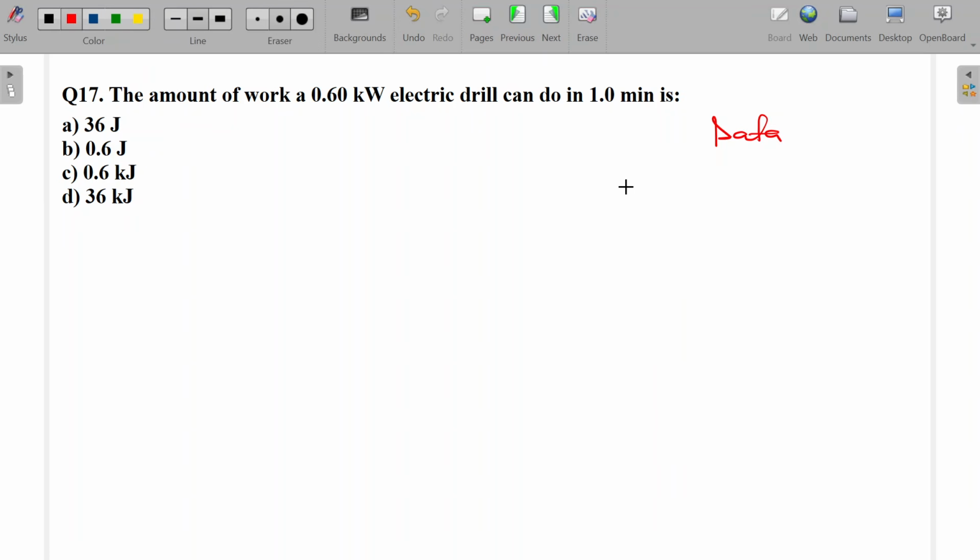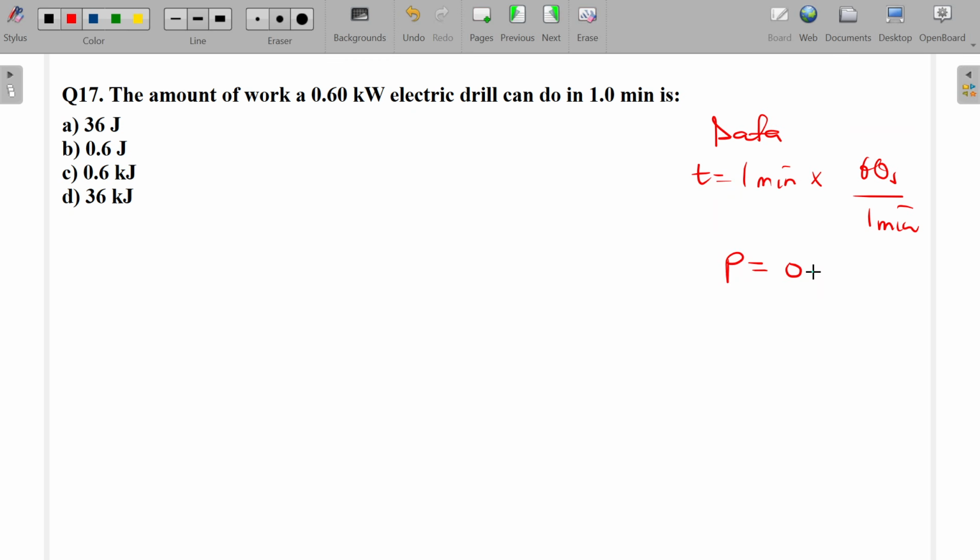The time is equal to 1 minute, which you can convert: 1 minute times 60 seconds over 1 minute. Then what about the work? 0.60 kilowatts. Oh, this is power. Sorry.